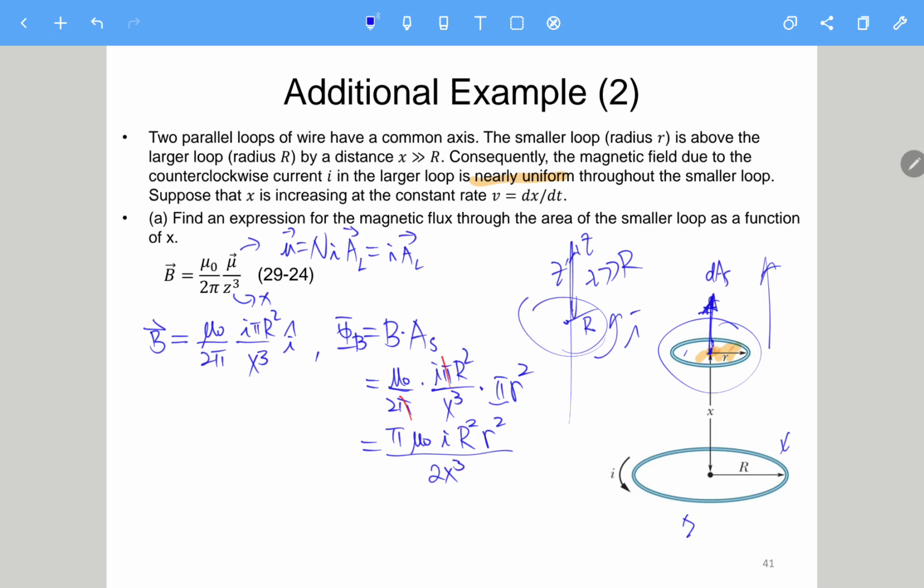So this is just some algebraic calculation. Okay, so this is not that difficult.